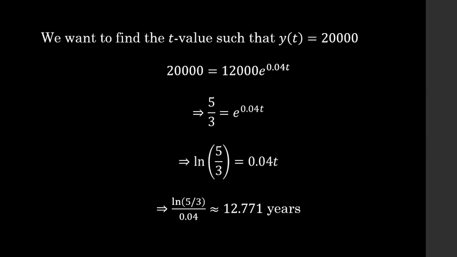So again, I might specify round to the nearest whole year, or nearest quarter year, or nearest half year, whatever. But it'll take approximately 12.771 years for your account balance to reach $20,000.